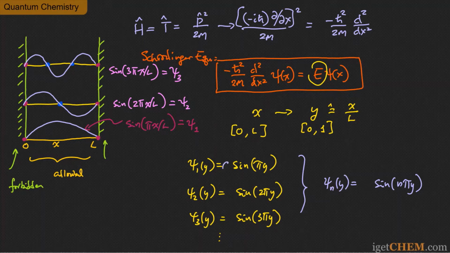So the first one I'm just going to call C1, second one C2, C3, and C1, C2, and C3 might be different for every one of these eigenfunctions. So to be complete, the eigenfunction psi n could be written as Cn times sine n pi y.